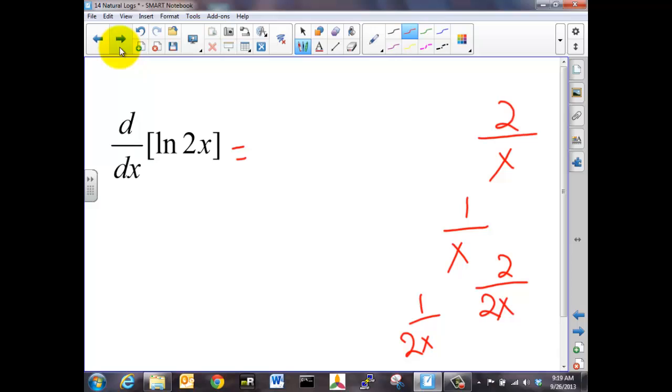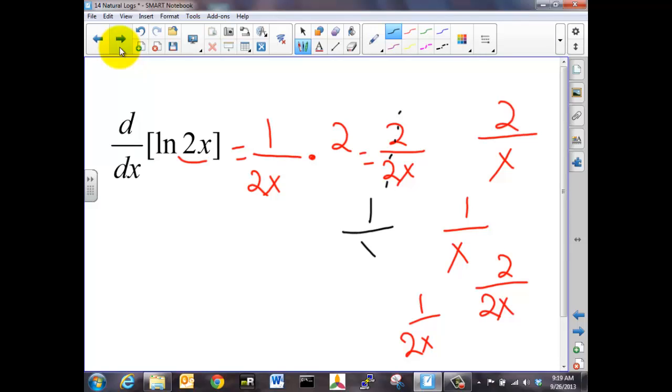The rule is it's 1 over the argument, which is 2x, times the derivative of the argument. The derivative of the argument is 2, right? So that becomes 2 over 2x, right? And now we can cancel this 2 and this 2, so we simply get 1 over x.